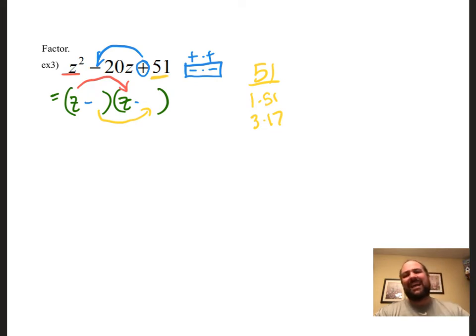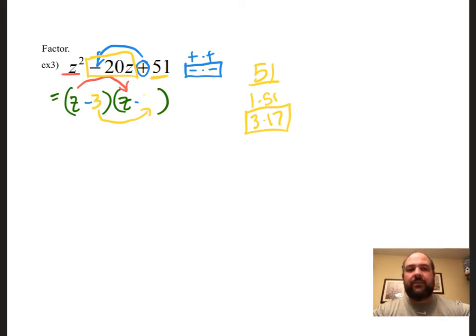And the key is I want one of these sets to not just multiply to 51, which I know they will, but they also need to add up to negative 20z. So which of these, when I add them, will give me negative 20? Well, that would have to be the 3 and the 17.